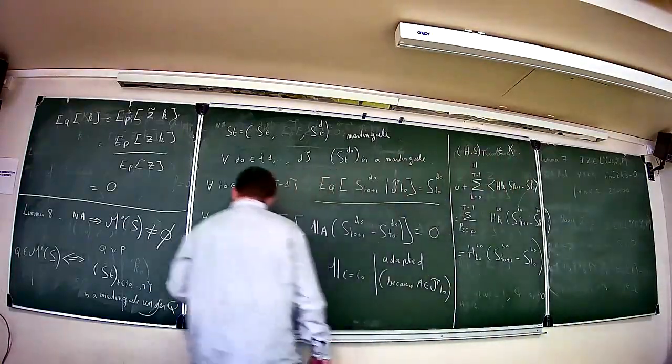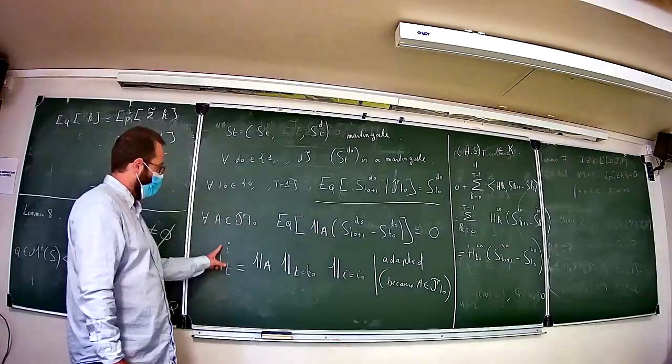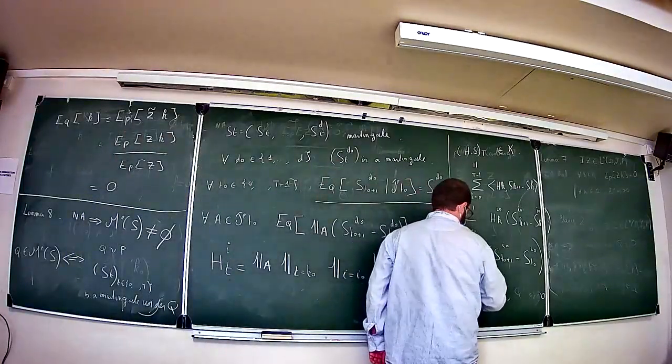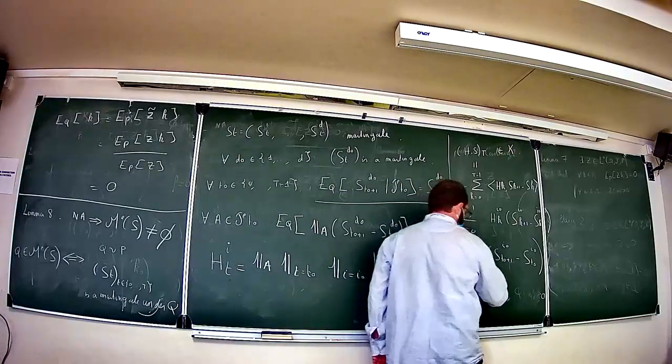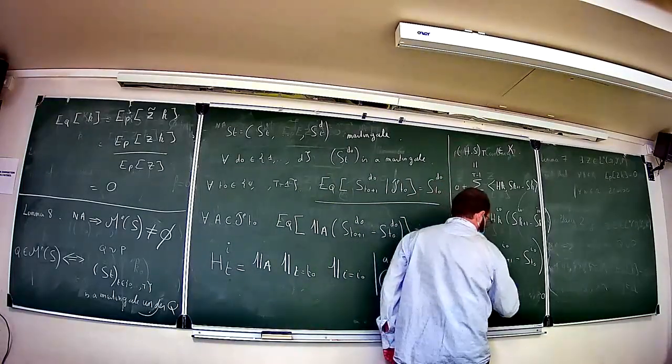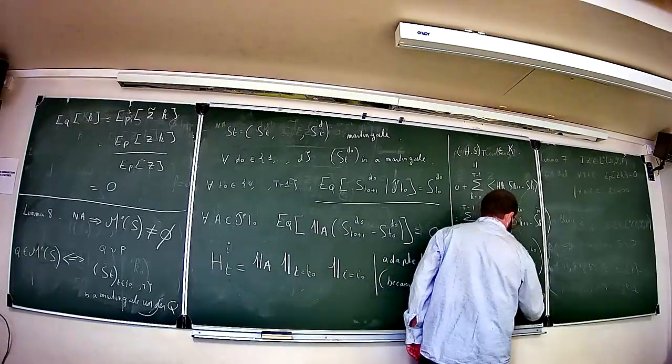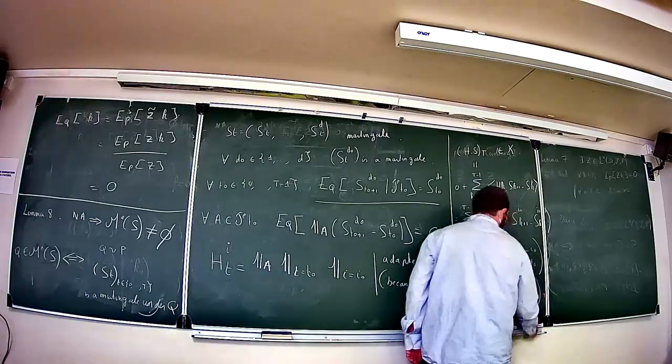And my h t0 I0 is just equal to the indicator function of A times S t0 plus 1 I0 minus S t0 I0.